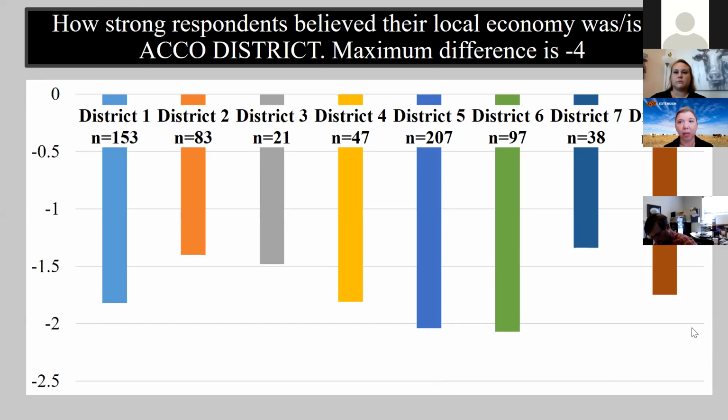But how weak really differed by the part of the state the respondents were in. And I think that may speak to how much they feel might be required for recovery in the future. We didn't really ask that question necessarily, but I think it's a prelude to what we'll see in the length of time for recovery questions in a few slides.